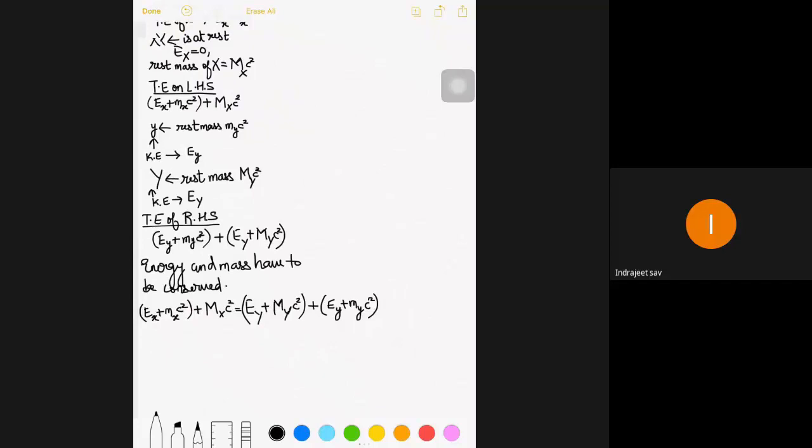Is this understood? All I have done is equated the energies. Total energy on the left hand side has to be equal to the total energy on the right hand side.